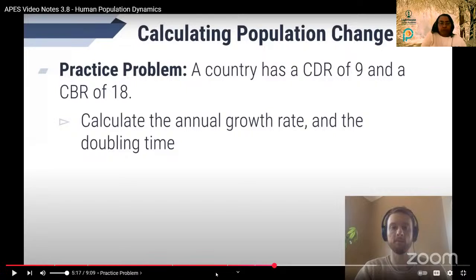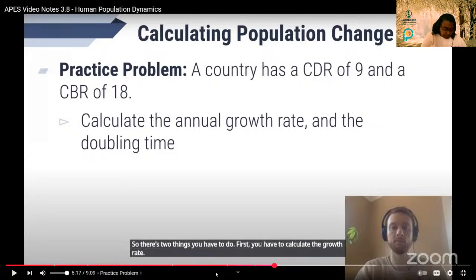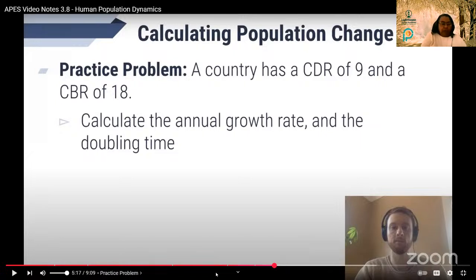So there's two things you have to do. First, you have to calculate the growth rate, and then you have to calculate the doubling time.